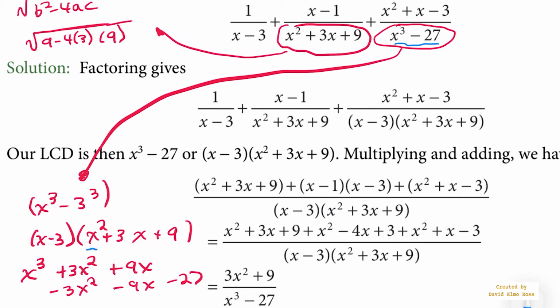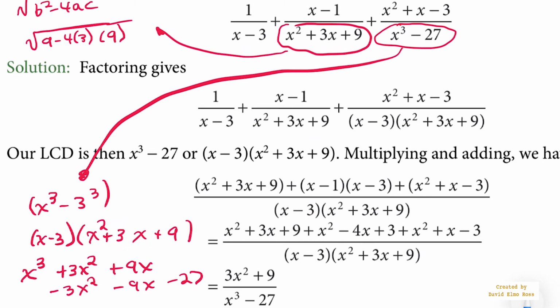Now you will notice that this factor here is the same as we have in our original factor here. So when we get a common denominator, the common denominator will really be x minus 3 times x squared plus 3x plus 9. Now if we look at this x minus 3, we have to multiply that by the x squared plus 3x plus 9 to get a common factor here.